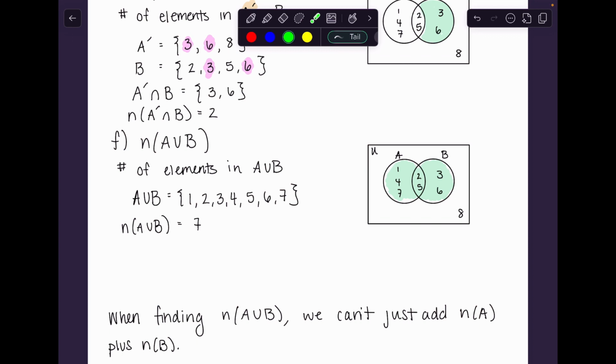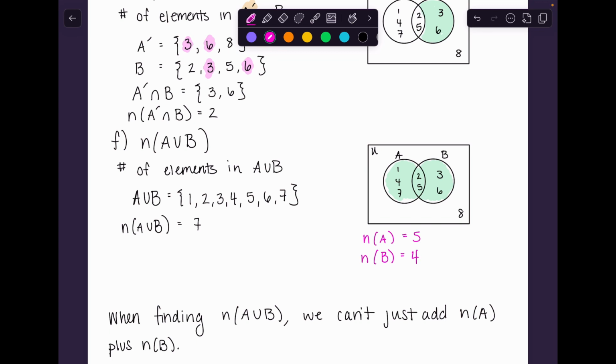So the most common mistake is to find the number of elements in A and the number of elements in B and add them together, thinking that's the number of elements in the union. But if you look at the number of elements in set A, that's 1, 2, 3, 4, 5 elements inside of it. The number of elements in set B is 1, 2, 3, 4.